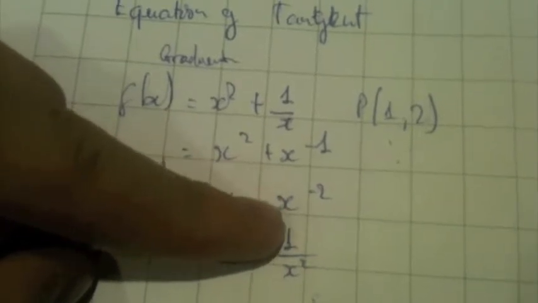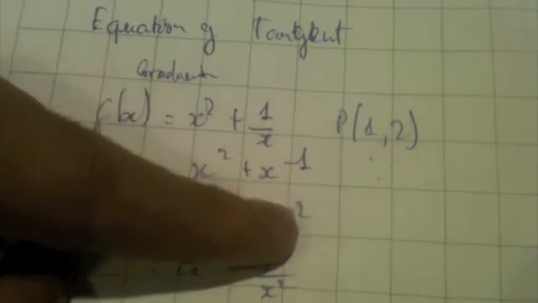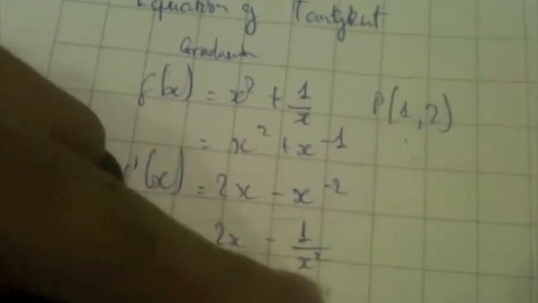It becomes minus 1x to the minus 2, as the power goes down 1. Okay, and that's the answer for the first derivative. And to find the gradient, you simply sub in the x value. So 1 sub into that. So 1, and that's the answer. So the gradient is 1.